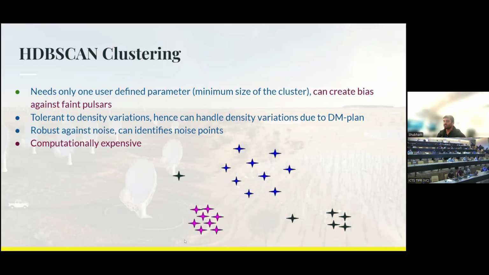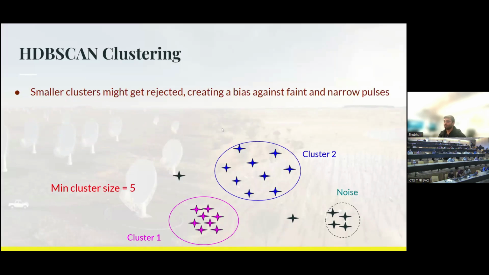Here in this data set, we have 3 clusters and 2 stray noise points. When we run SDBSCAN on this with the size of the smallest cluster being 5, we are able to identify the first 2 clusters, even though they have different densities. But the last cluster with only 4 members has been identified as noise.